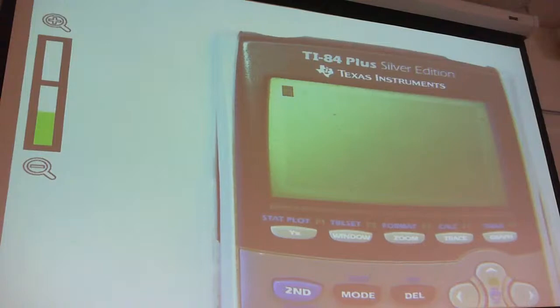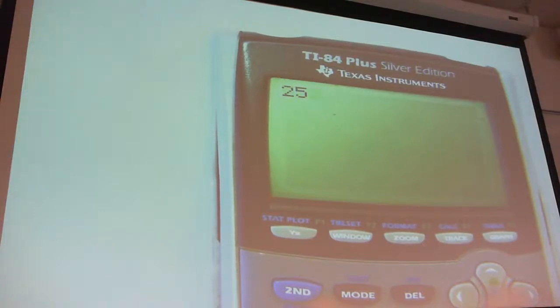So the initial is 25, e, second ln, and that's 1.386 times, the first question is 0.8 hours. So times 0.8.